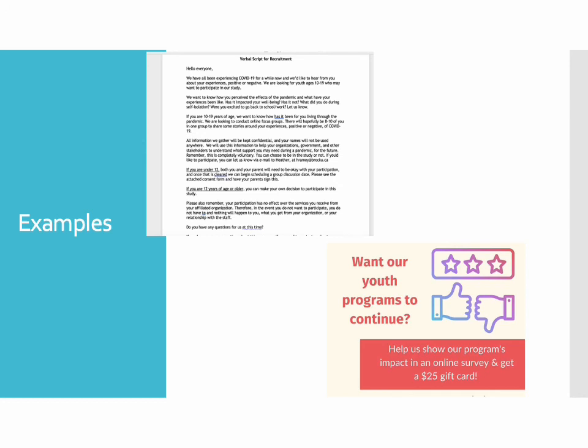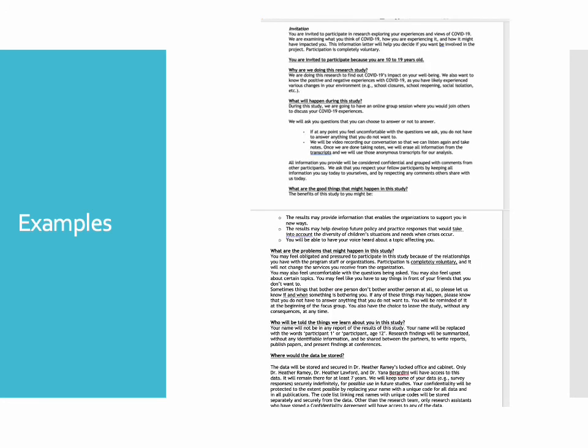We have like 5. And the next one is the actual consent form. I took out the information at the top. It would say who the researchers are, their titles, the title of the study, but then it's going to say an invitation. You are invited to participate because you are who you are.